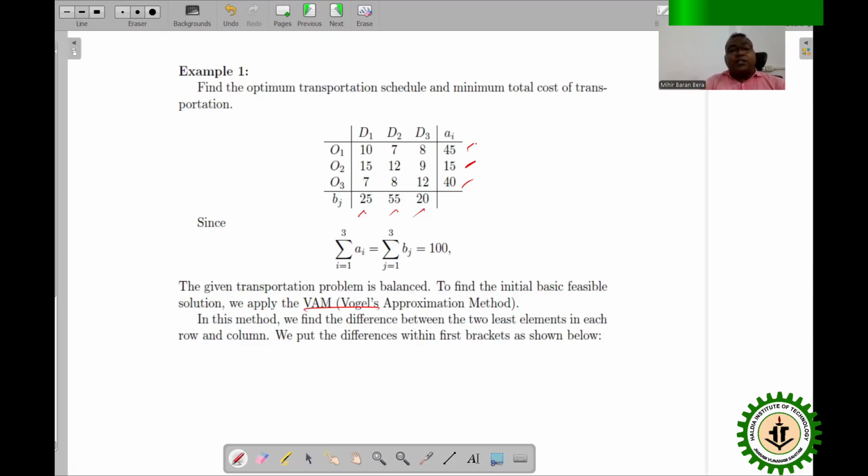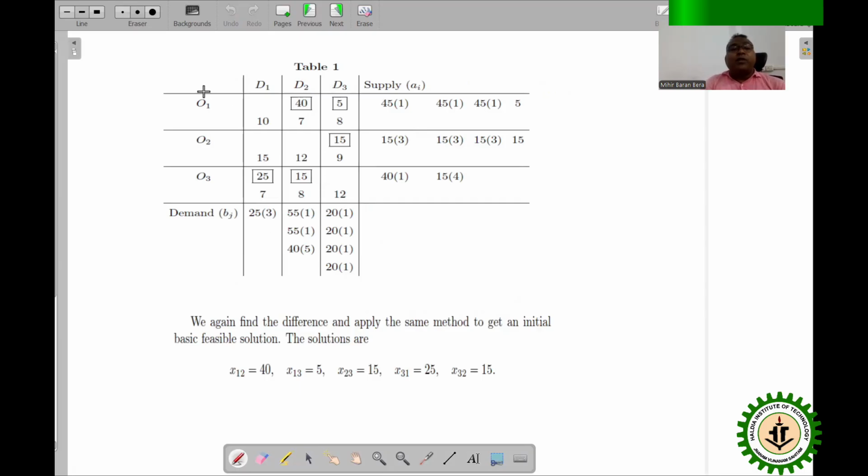Whenever we use Vogel's approximation method, we get the initial basic feasible solution as this one. I am not going to discuss Vogel's approximation method now because it has already been discussed in the previous lecture.